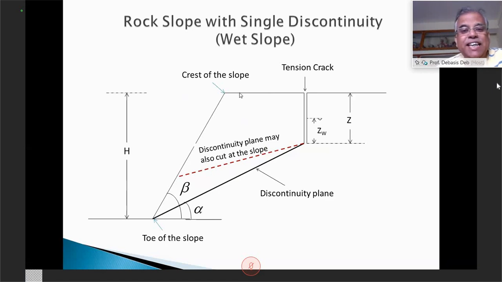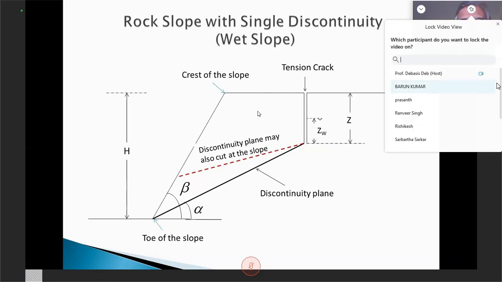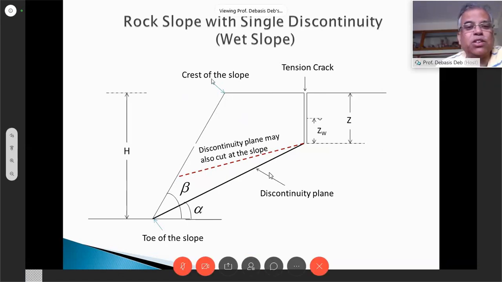Near the crest, you know the toe of the slope and the crest of the slope. So near the crest of the slope, basically this material is in tension.